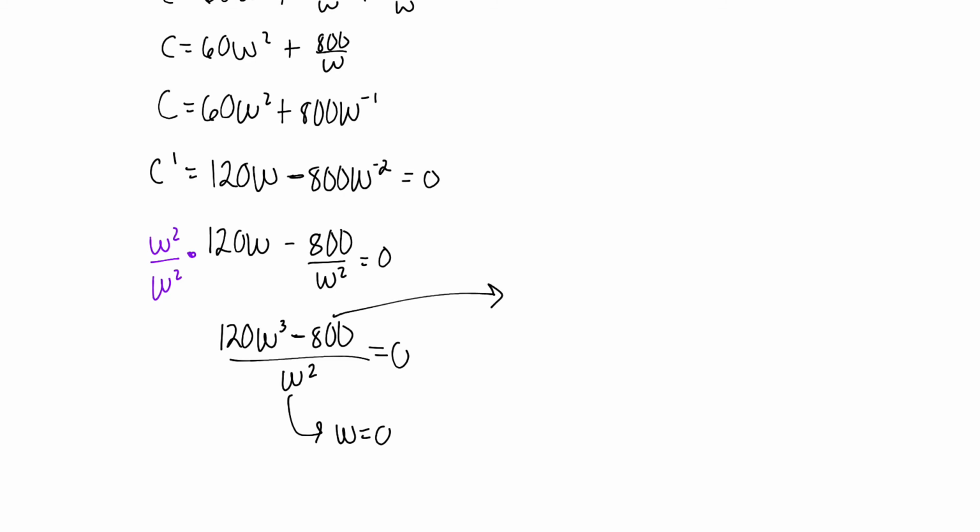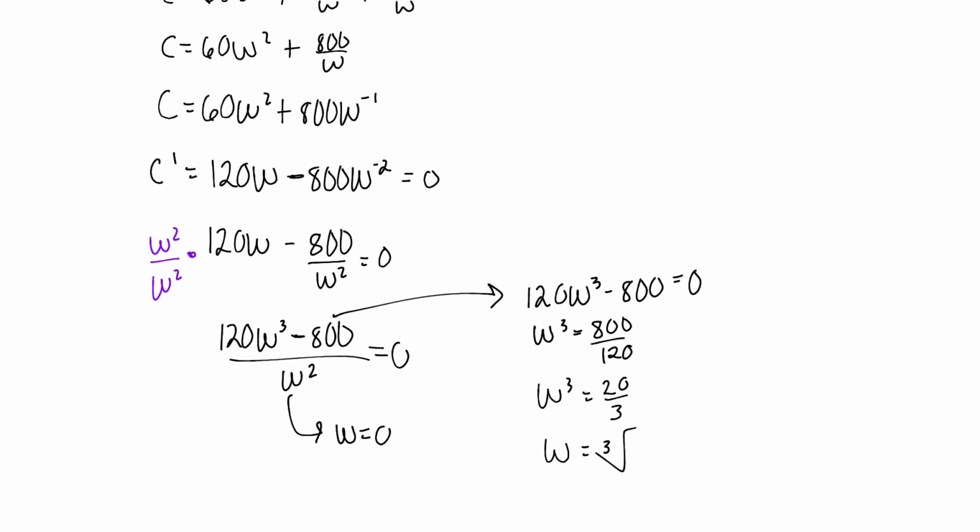So the only other option is 120 w cubed minus 800 equal to 0. So this comes down to w cubed equals 800 over 120. So I get w cubed equals 20/3, which means w is equal to the cubed root of 20/3.